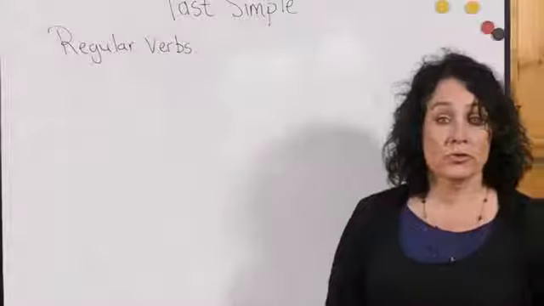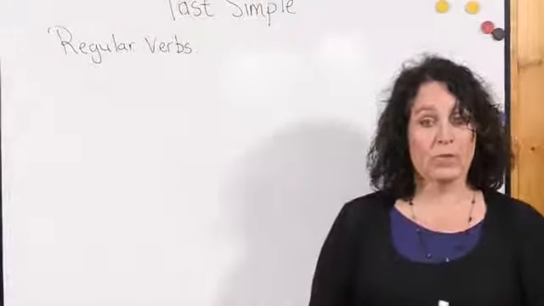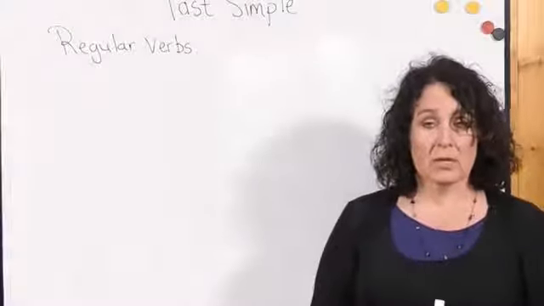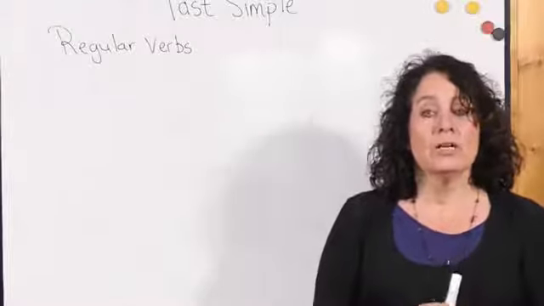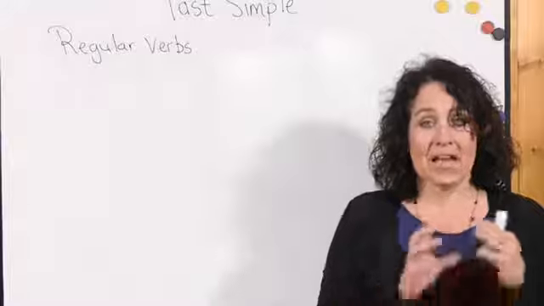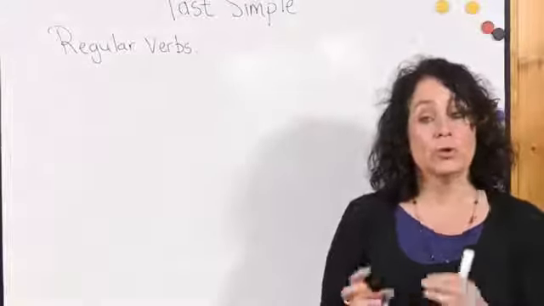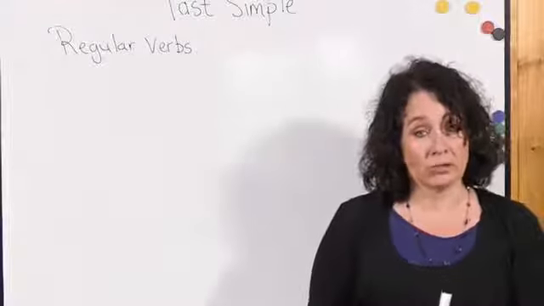Okay, so in the past simple with regular verbs, these are like your normal verbs, we use ed at the end of the verb to show that it's the past simple form that we are using.